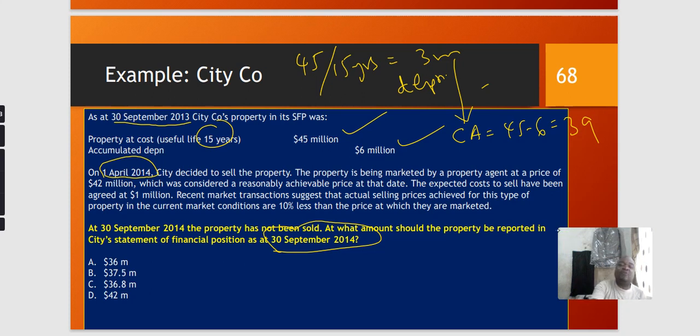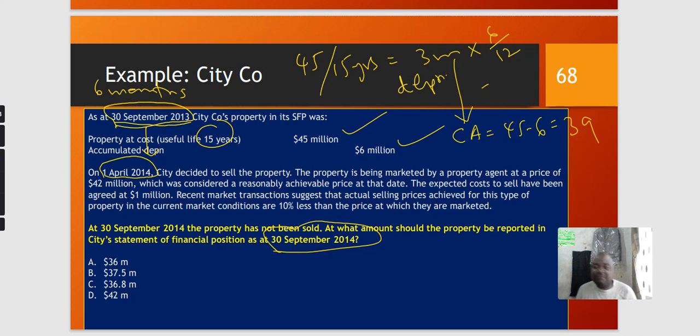So you then have to worry about the depreciation from 1 October 2013 to 1 April 2014. We are talking of 6 months. So 6 months warrants us to charge depreciation for just half a year.